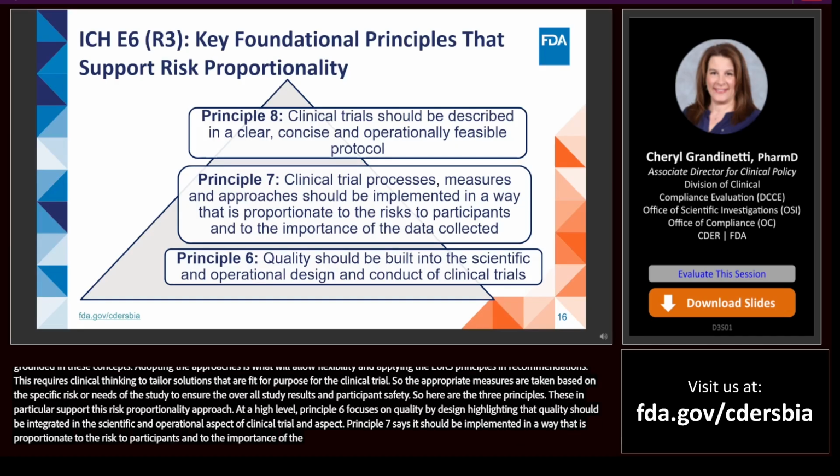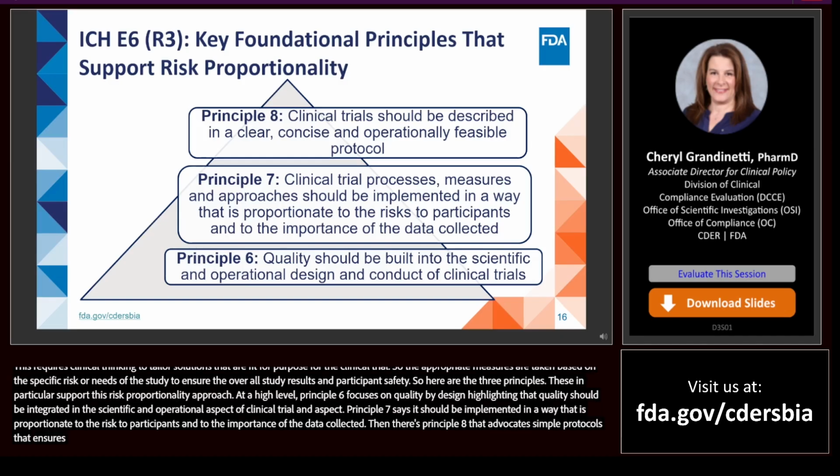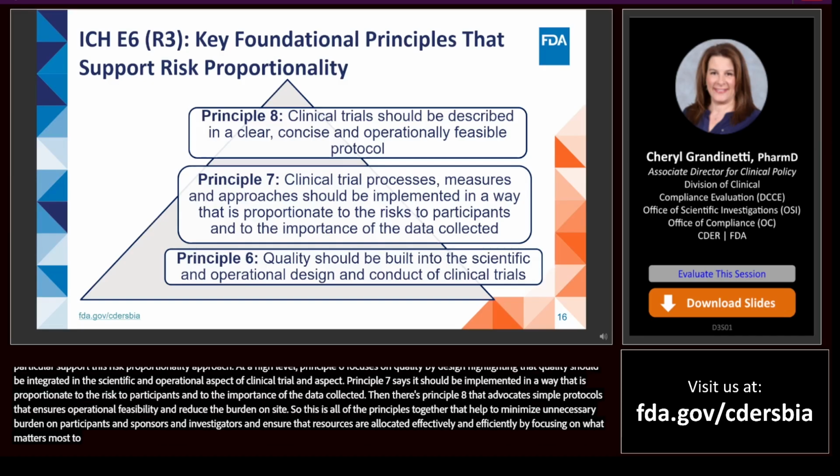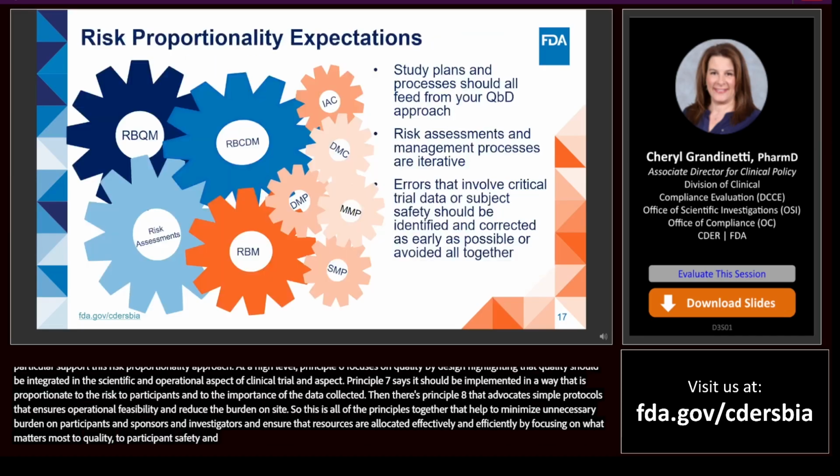And then there's Principle 8, which advocates for simplifying protocols to ensure operational feasibility and to reduce burden on sites. And so it's all of these principles together that help to minimize unnecessary burden on participants, on sponsors, and on investigators, and to ensure that resources are allocated effectively and efficiently by focusing on what matters most to quality, again, to participant safety, and to yielding reliable results.